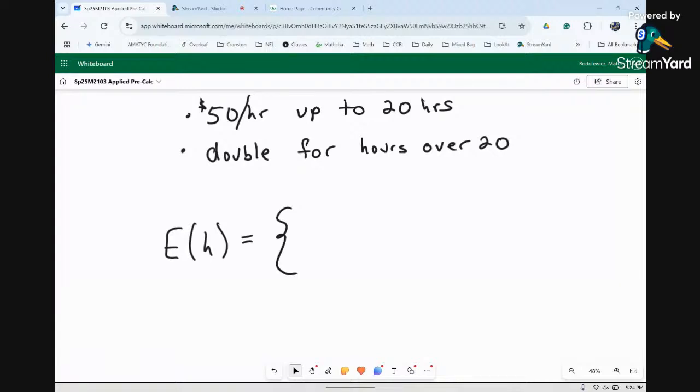But now you're saying, all right, common sense. I'm getting 50 per hour. Why am I doing that? I did that twice. For 0 less than or equal to h less than or equal to 20. So there's one little change, but cool, you're paying attention to the details. Now you're getting double pay. So you're getting 100. Someone help me out.